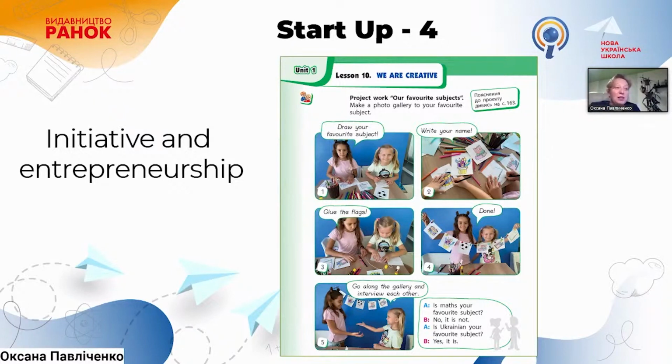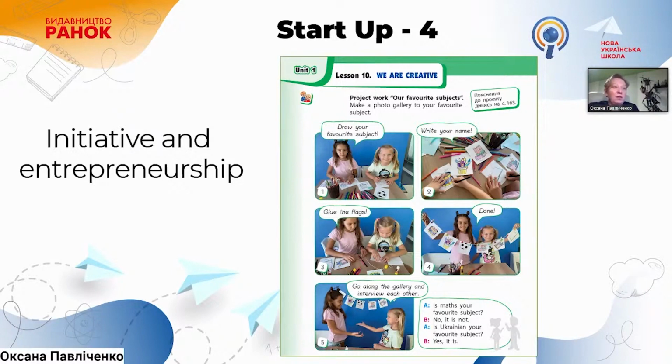Here are just examples. You see, these photos are also the instruction how to do this project. The instruction is very clear, and your children don't need to read long instructions.